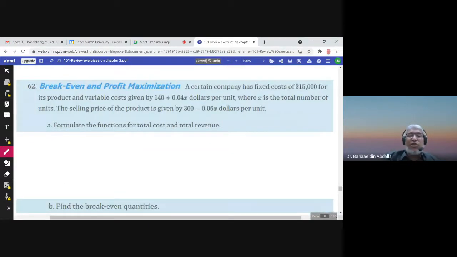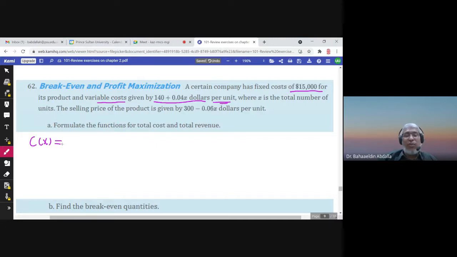The last question. A certain company has fixed costs of $15,000. So this is the fixed costs for its product, and variable costs given by 140 plus 0.04x dollars per unit. So formulate a function for total cost and total revenue.